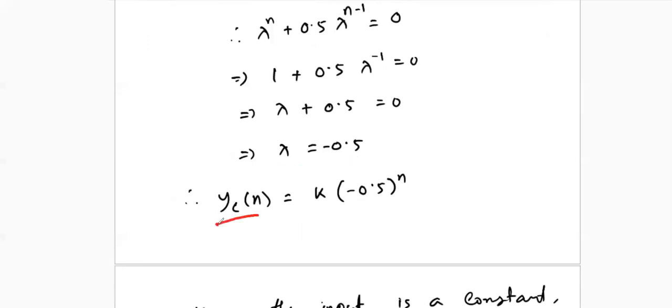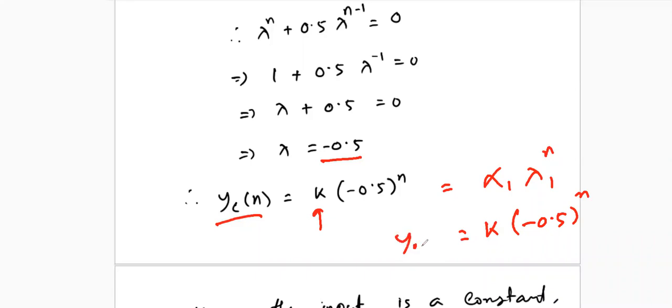So we can write the complementary solution as a constant multiplied by lambda to the power n, in the format alpha 1 lambda 1 to the power n, where alpha is, here I put as k, and lambda 1 is equal to minus 0.5, so minus 0.5 whole to the power n.